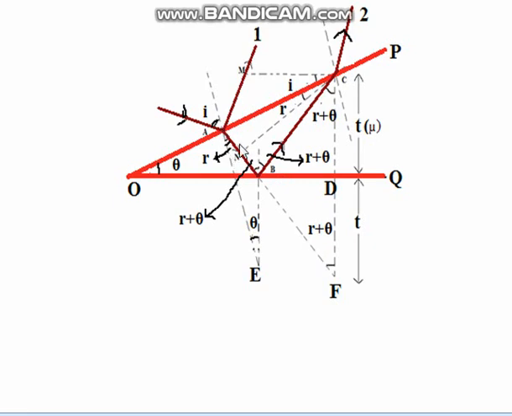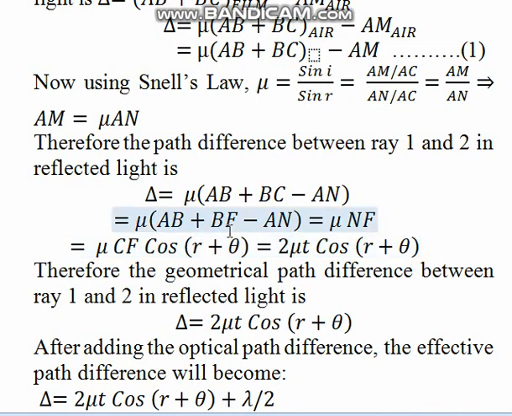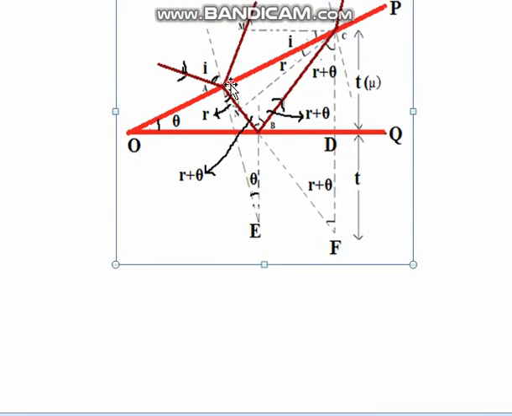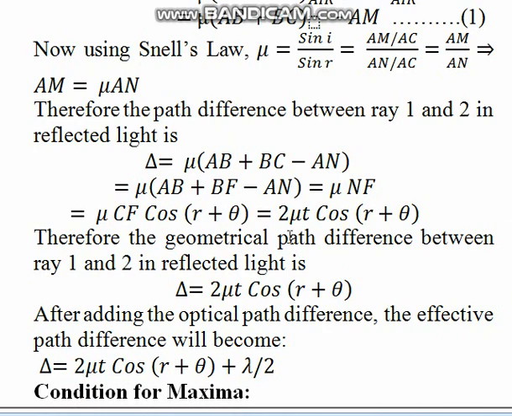One thing more, AB plus BF is equal to AF, and AF minus AN is NF. So BC is equal to BF, AB plus BF is equal to AF, and AF minus AN is equal to NF. The simplified equation is mu NF.